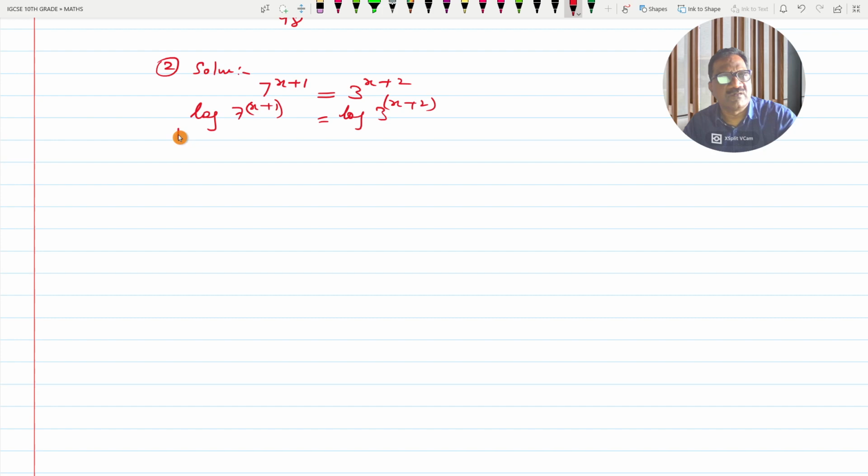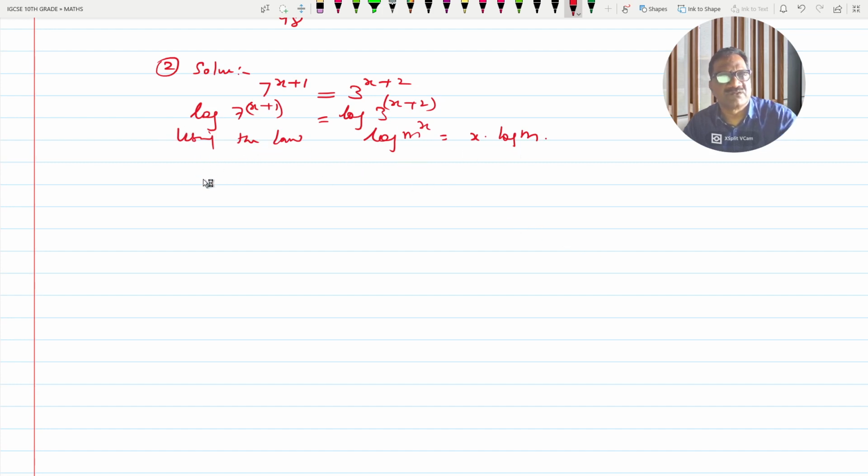Now by using the law, I'm not writing the law number, but I'll write the law itself. The law is log of m raised to x can be written as x times log of m. So this law I'm going to use.